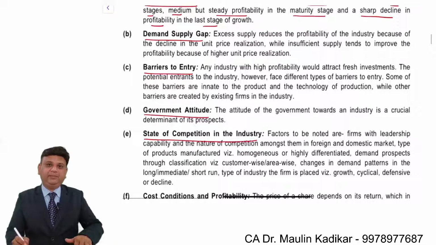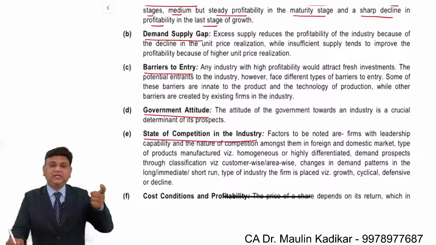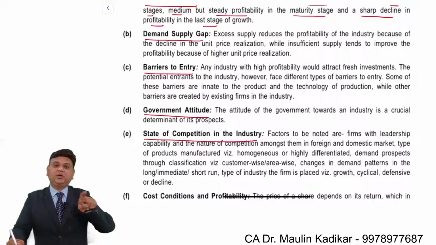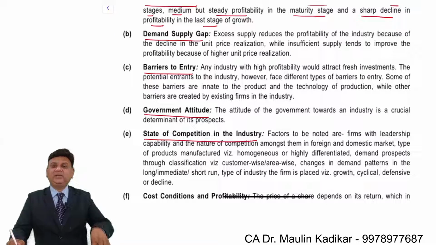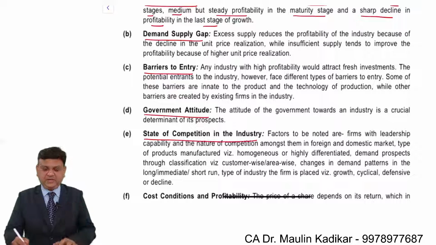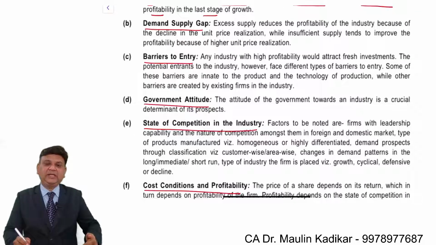Demand and supply gap. That is, the demand for the products manufactured by that industry, and the supply. If the demand is more, these companies are likely to earn more. If the demand is less, these companies are likely to earn less. That is a simple logic. If demand is more, they can quote more prices.